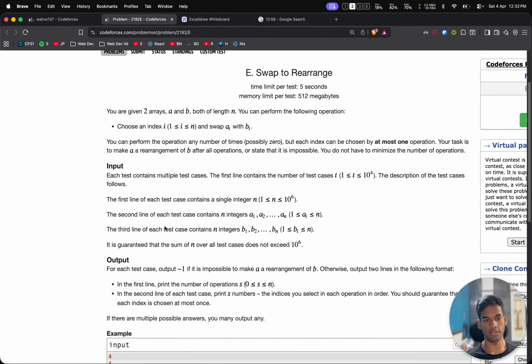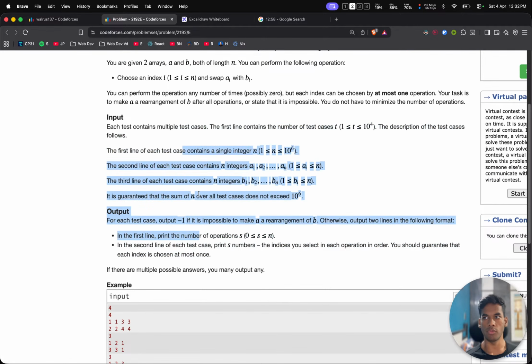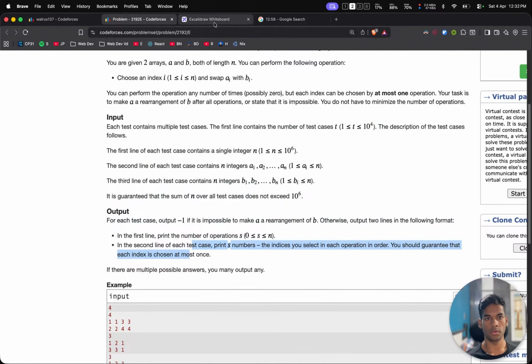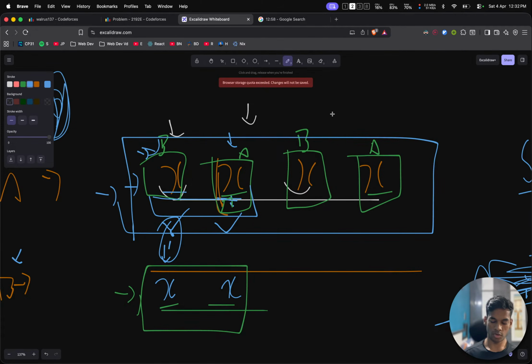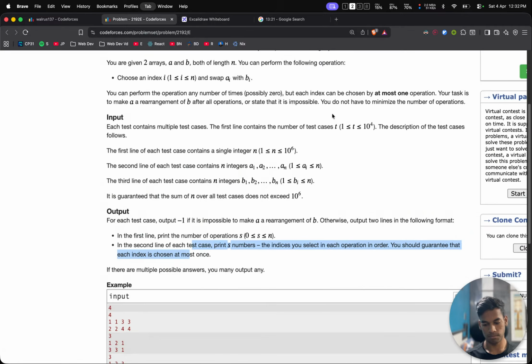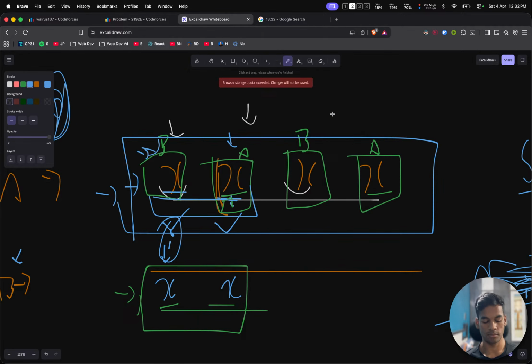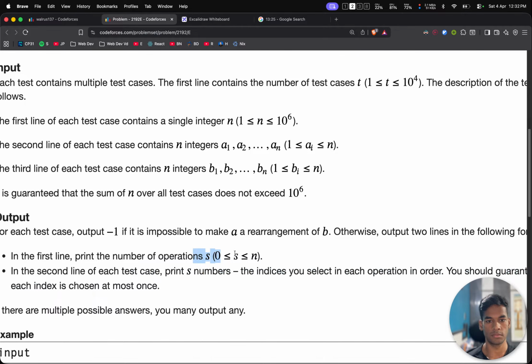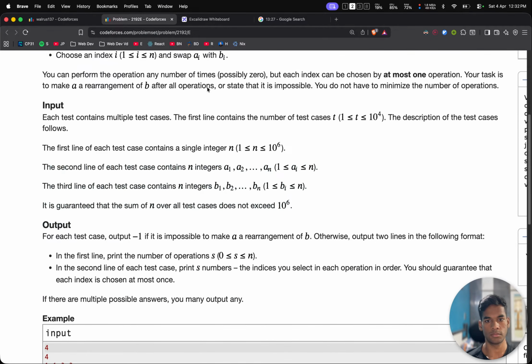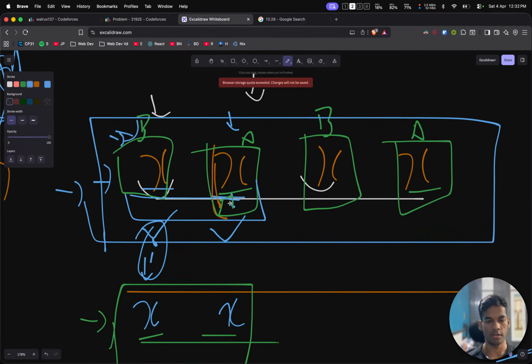And yep, this is not a dynamic programming problem because we need to know things about the future also, or towards the right and also towards the left. The number of elements is 10 power 6.